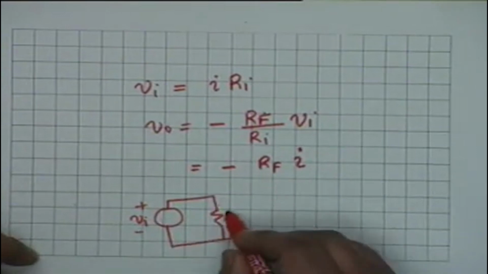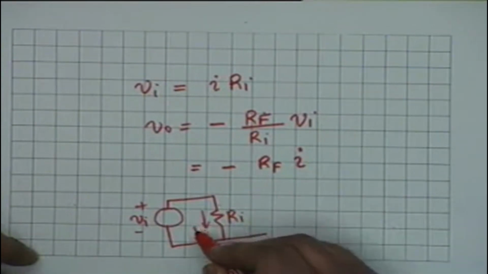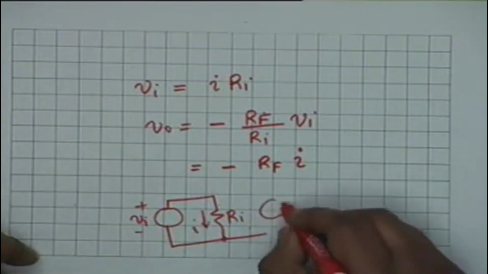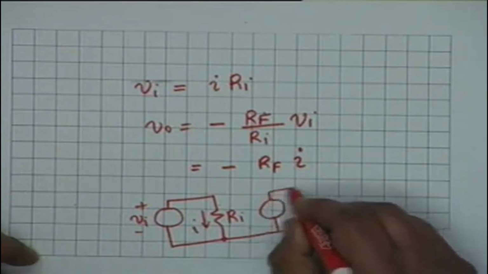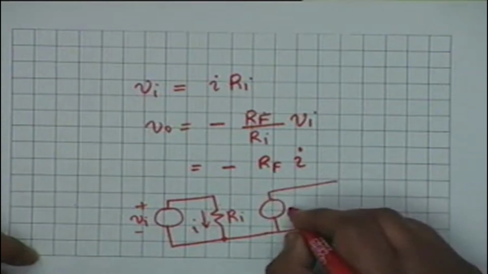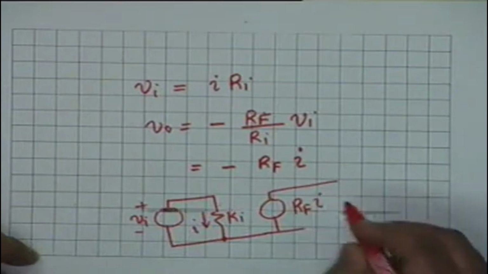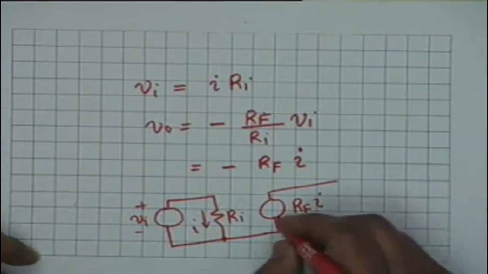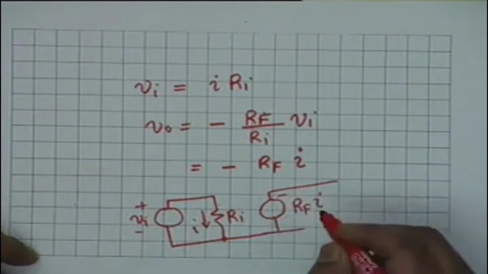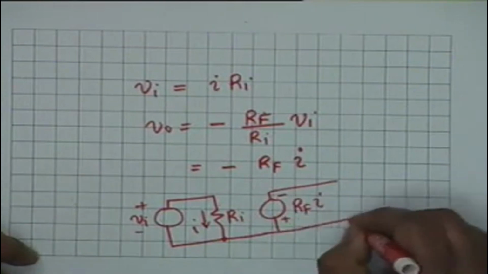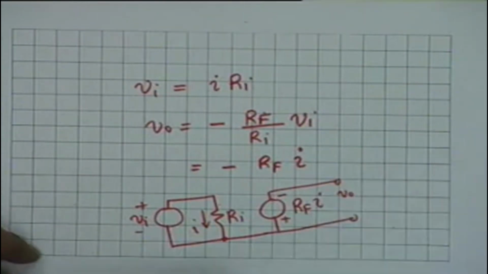By connecting a resistance Ri, this current is I, and then the output voltage V0, it acts as a voltage generator equal to Rf times I, with what polarity? Minus here and plus here. So, this is V0.